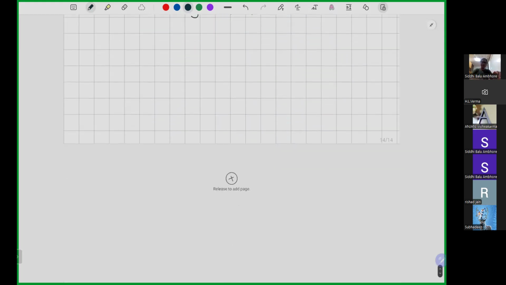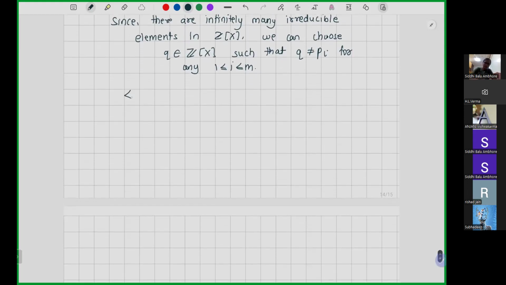And in that case, this P comma Q will be a maximal ideal.